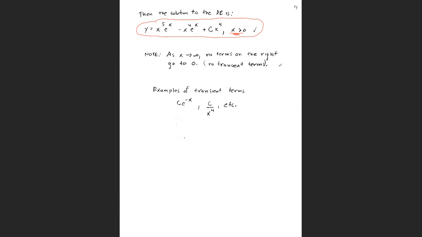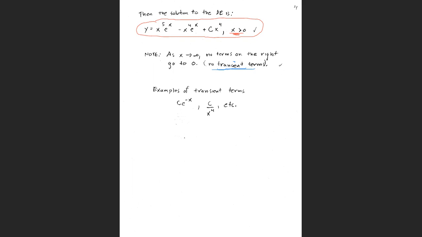We want to know if we have what are called transient terms. What does transient mean? It means that it diminishes as time goes on or as the values of x get larger. That's absolutely right, Michael. A transient term would be a term in the solution that disappears as x gets large.